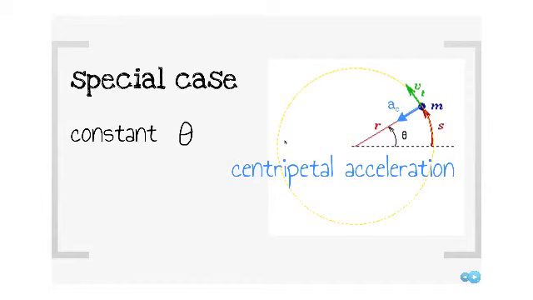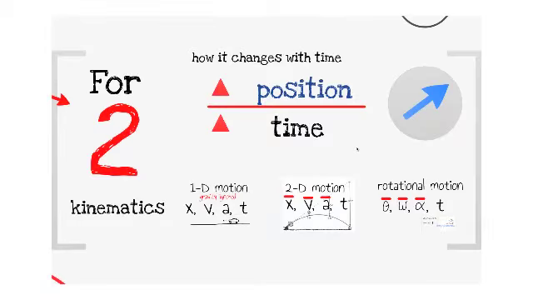It's a special case because you have a linear velocity with a constant angular rotation or angular speed that results in a linear acceleration towards the center of the circle, and that's of course called centripetal acceleration. So to look at how position changes with time, we use the study of kinematics, and these are all vector quantities.